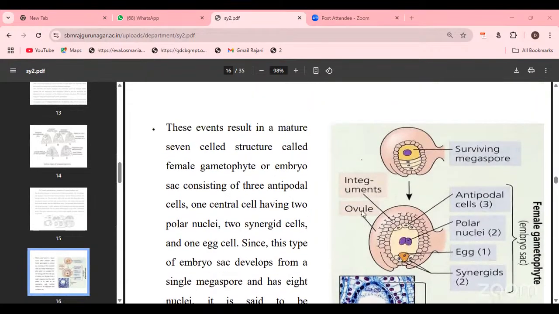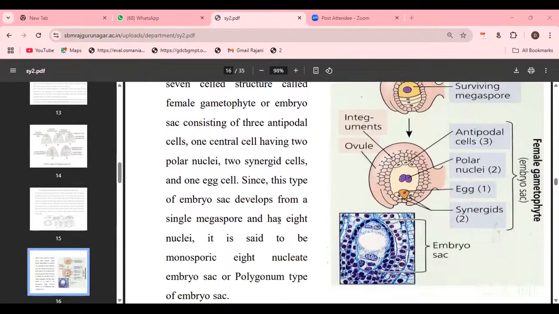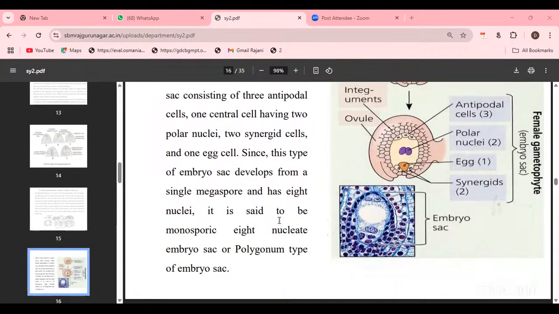These events result in a mature seven-celled structure. This seven-celled structure is called the female gametophyte or embryo sac, consisting of three antipodal cells, one central cell having two polar nuclei, two synergid cells, and one egg cell.